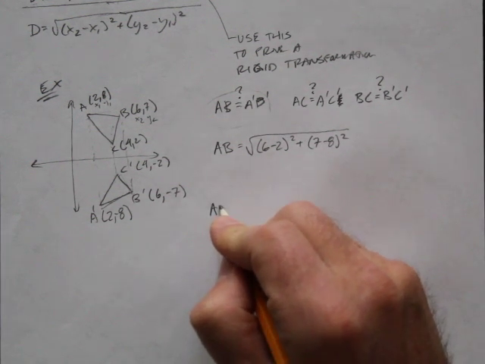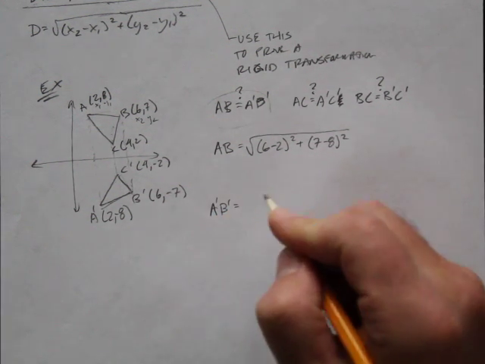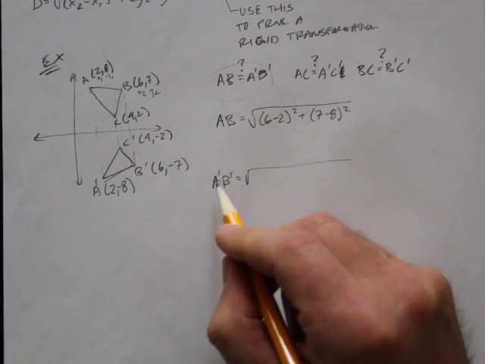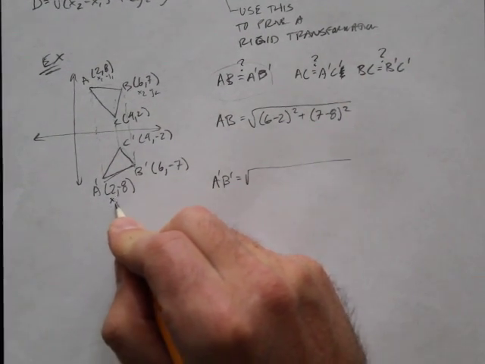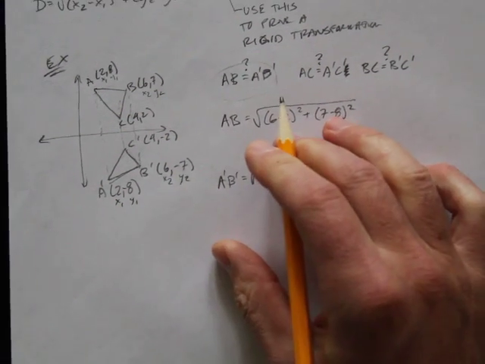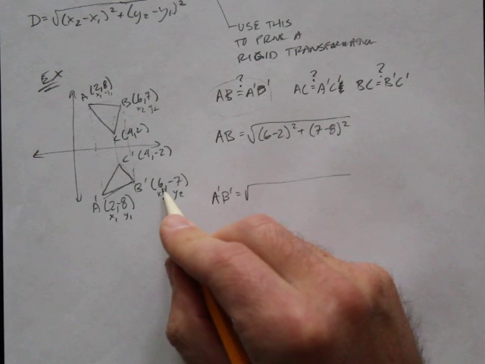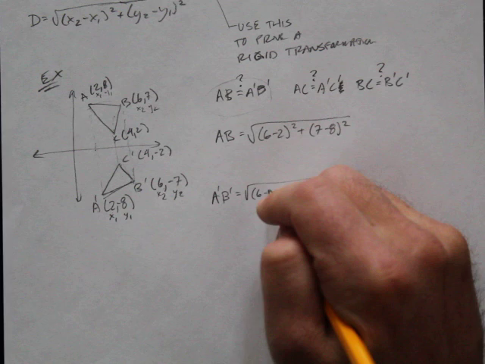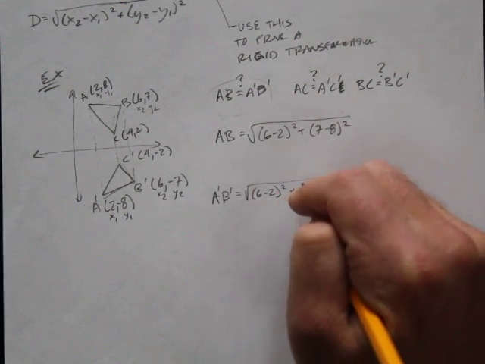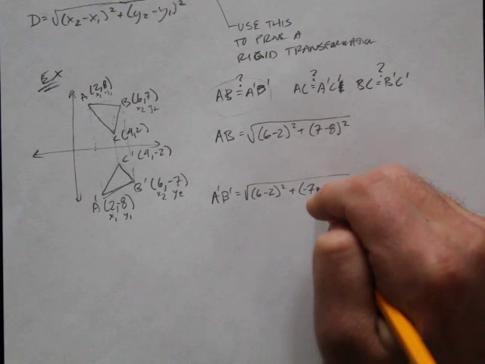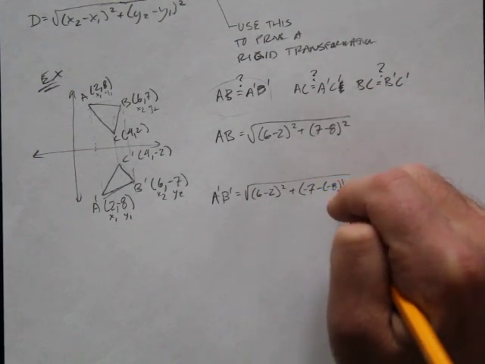And A prime, I'm just going to set up A prime, B prime here before I get to work on this one. So for A prime, B prime, A is x1, y1, and B is x2, y2. So 6 minus 2 squared, plus negative 7 minus negative 8 squared.